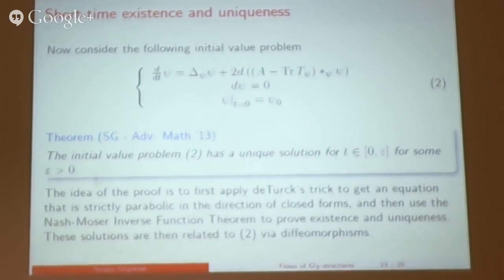I know these are different types of flows, but even in the soliton case, have you computed in specific examples how small or how big epsilon has to be? Well, in the general case, when proving this uniqueness, the epsilon just comes in, and we don't have any control over it.